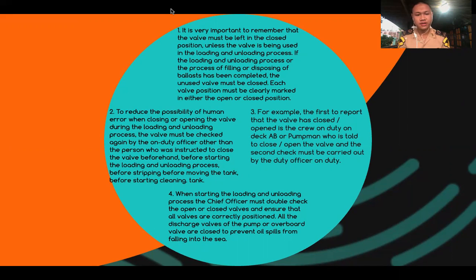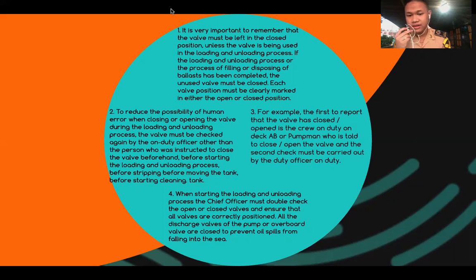Before starting the loading and unloading process, before stripping, before moving the tank, before starting cleaning tank. Third, for example, the first to report that the valve is closed or opened is the crew on duty on deck, AB or pumpman, who is told to close or open the valve, and the second check must be carried out by the duty officer on duty.